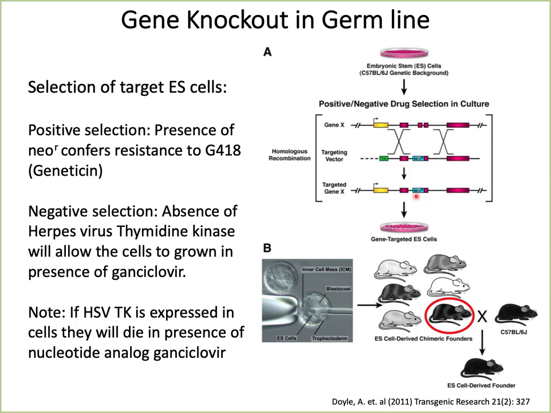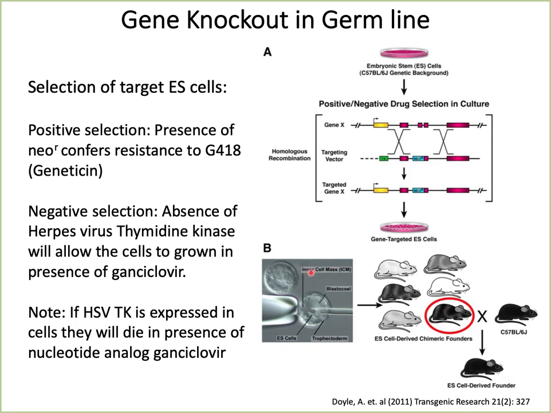This is the targeting vector, and the target gene right here is the one of interest. In this process, we only got the neomycin by homologous recombination, but not the thymidine kinase that we saw before. So only neomycin resistance will be selected.